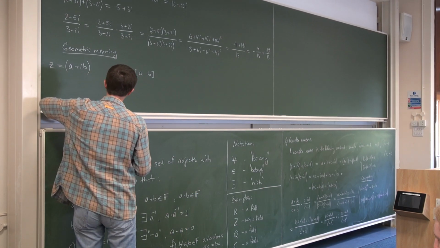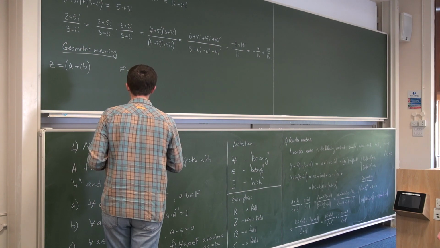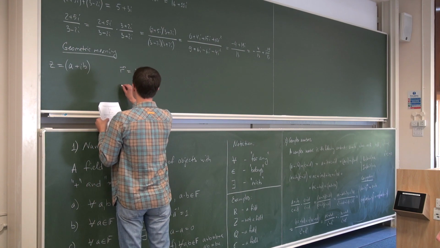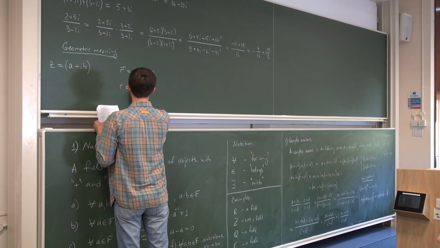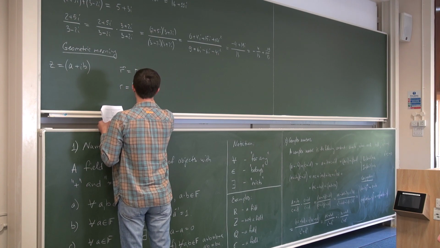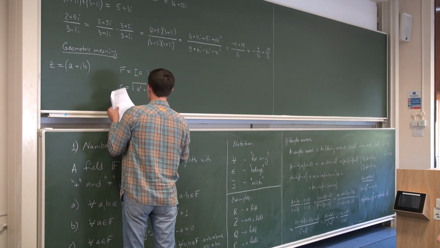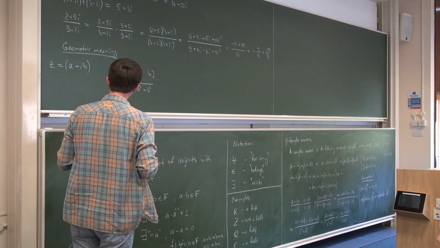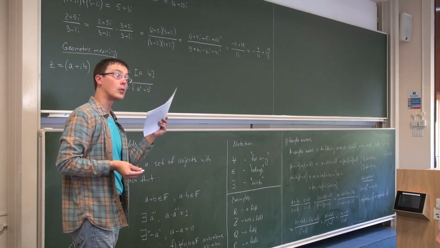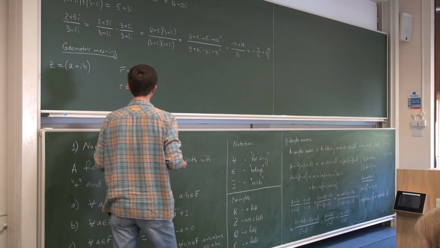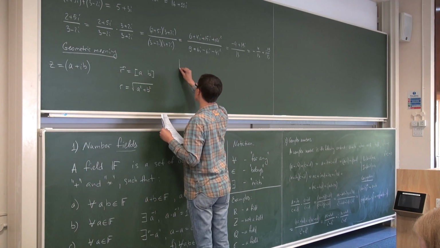So if we have our R in here, for R we have, of course, the modulus that you know from standard geometry, the square root of A squared plus B squared. And we have the angle that it makes with the x and the y axis.